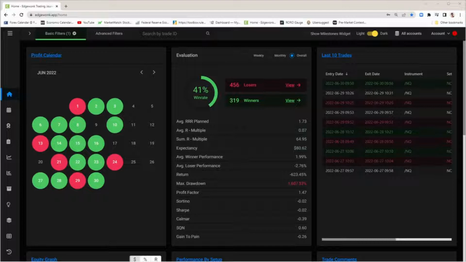All those statistics you're going to get from your logging system. I happen to use Edgewonk because I think it is one of the best because of the simulator that it has. But you can use any other logging system to log your trades so you can follow what you're doing, right?